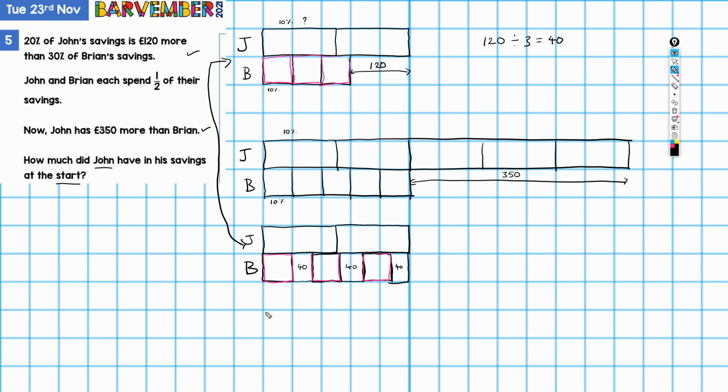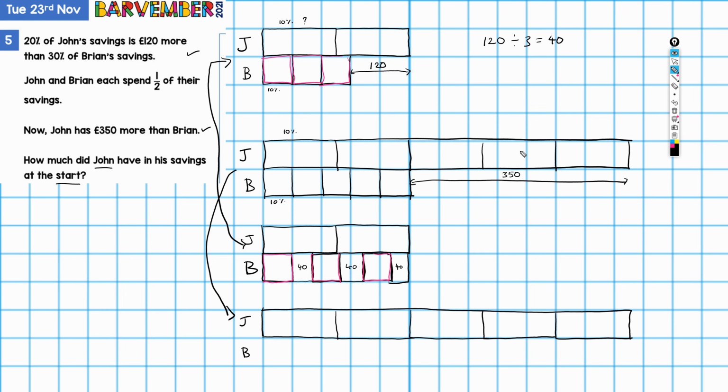Okay, so I've got, if I've got space, so these are the bars for, so this is John's 50%, and now here in this situation that's going to be a bit faster for me to draw. So we've got John and Brian. I'm now redrawing this one. Okay, and then what I'm going to do is distribute this 350 over 5.